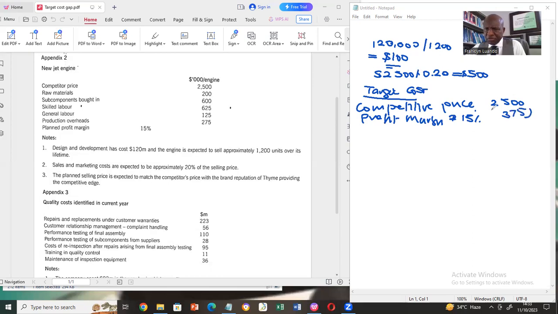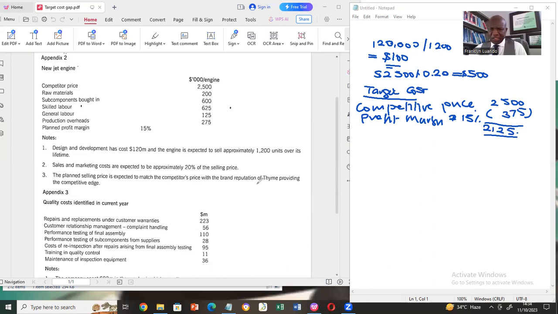If you remove the profit margin there, we have the target cost, which we must incur, 2,125. So that is the target cost that the company should incur in the production of this engine.